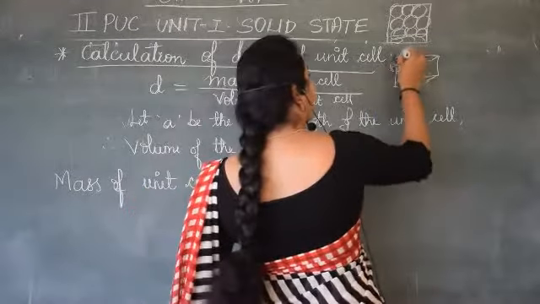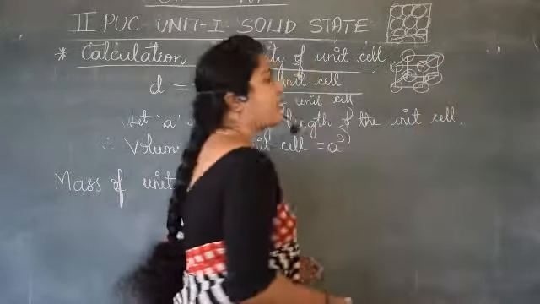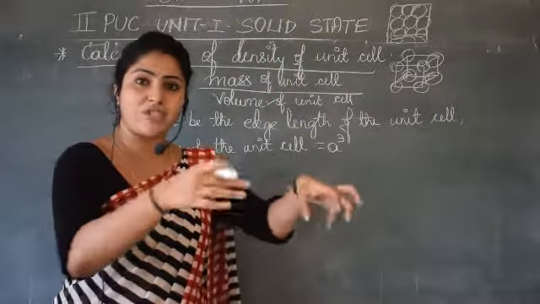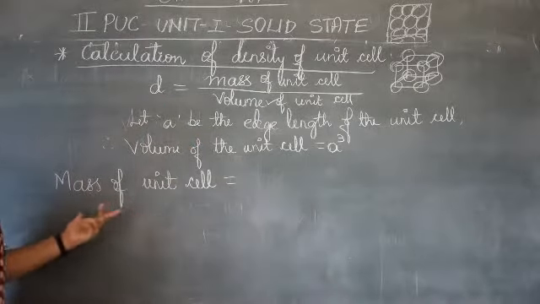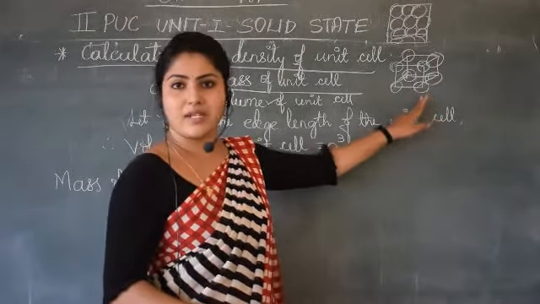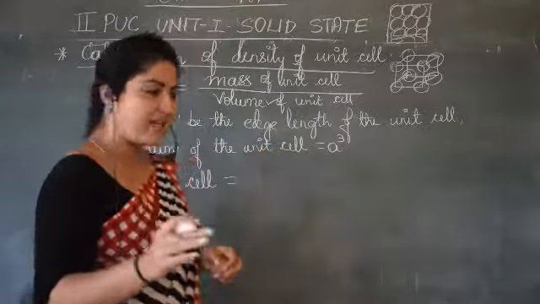If suppose it is a simple cube, 8 atoms we say. If 8 atoms are present, we should know what is the mass of each atom. Only then we get to know the mass of unit cell, isn't it? Therefore, mass of unit cell is number of atoms in the unit cell into mass of each atom. Clear?